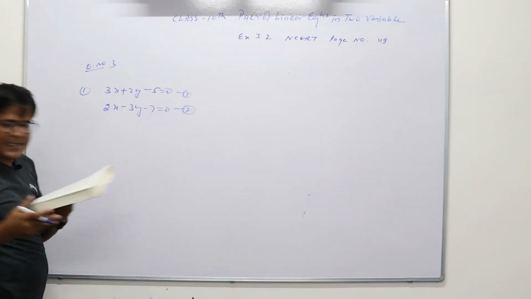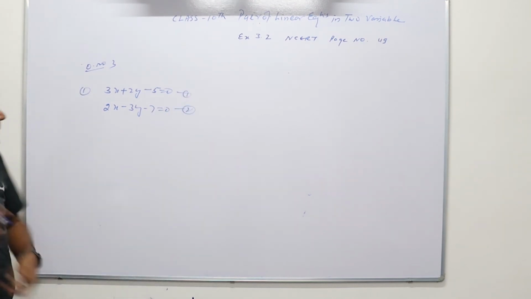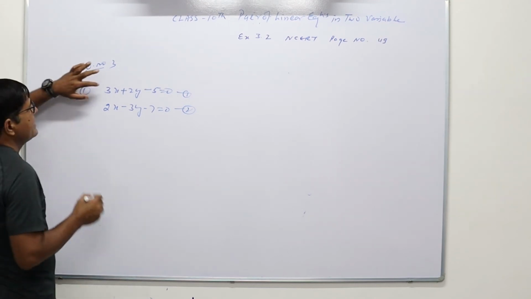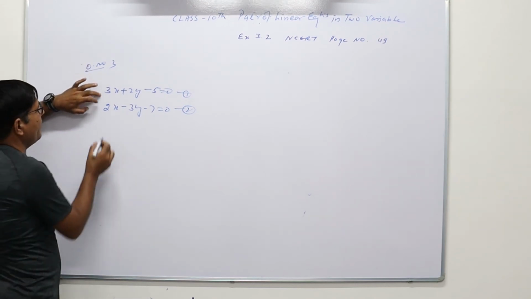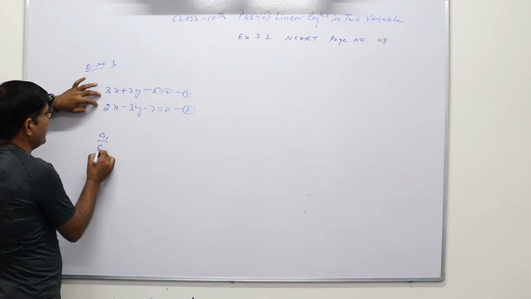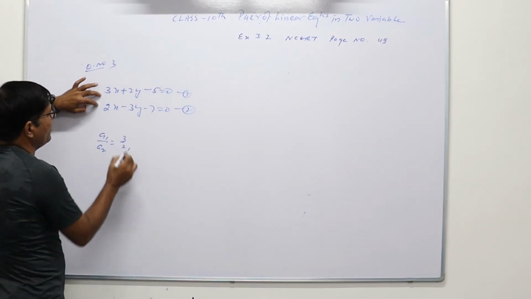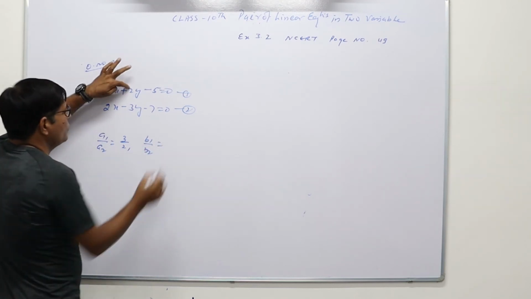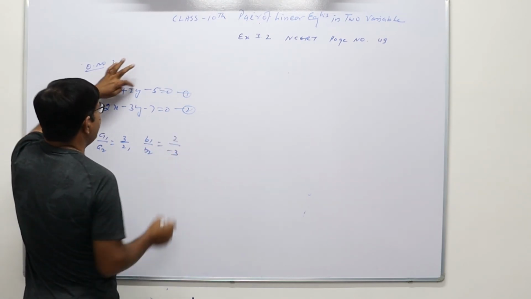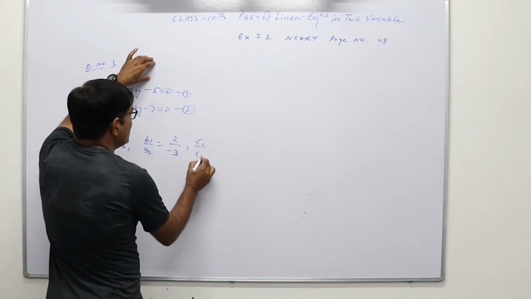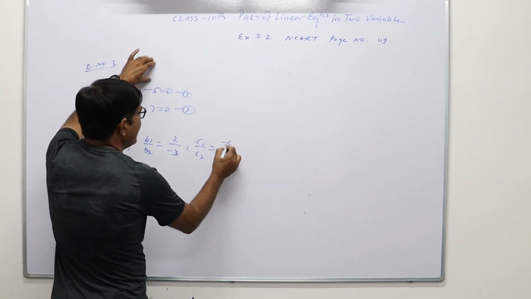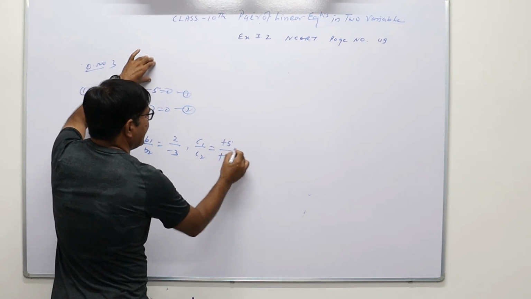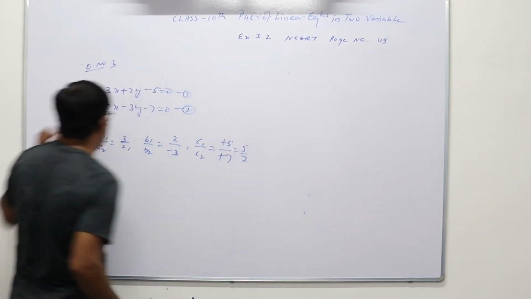So let this be the system, and on comparing, if we have to find a1 upon a2, then a1 upon a2 will be equal to 3 upon 2, b1 upon b2 will be equal to 2 upon minus 3, and c1 upon c2 is minus 5 upon minus 7, that is equal to 5 upon 7.